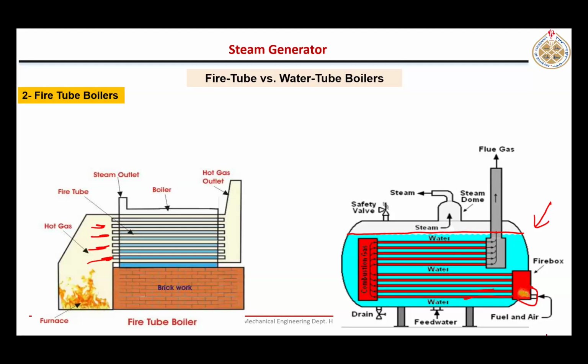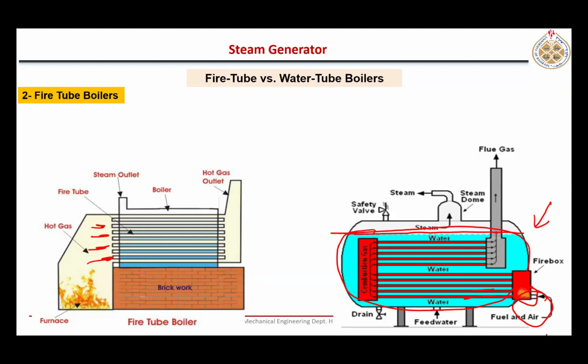Now hot gases are inside the tubes, so that's why these are called fire tube boilers. The hot gases of combustion flow through a series of tubes, which is surrounded by liquid water.